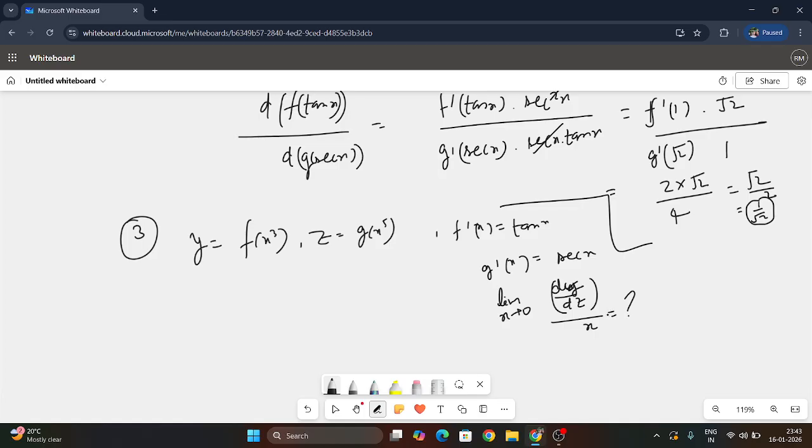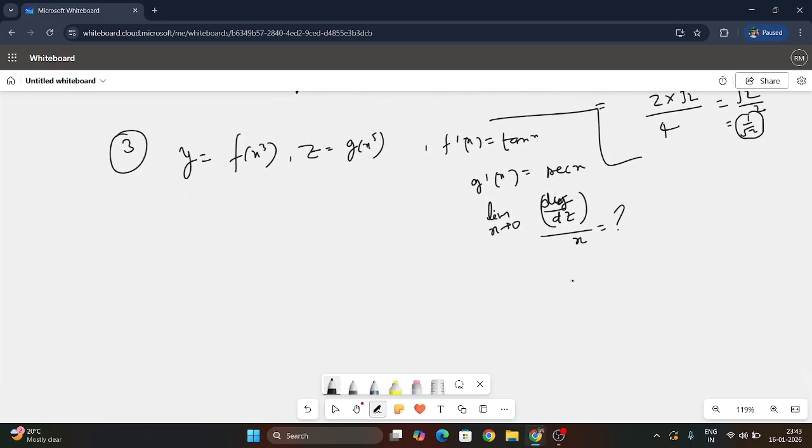As you know, for dy by dz, f' and g' are also given, so yes, you can solve it.